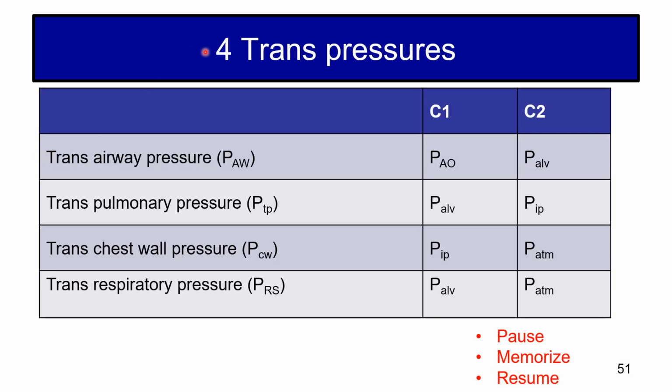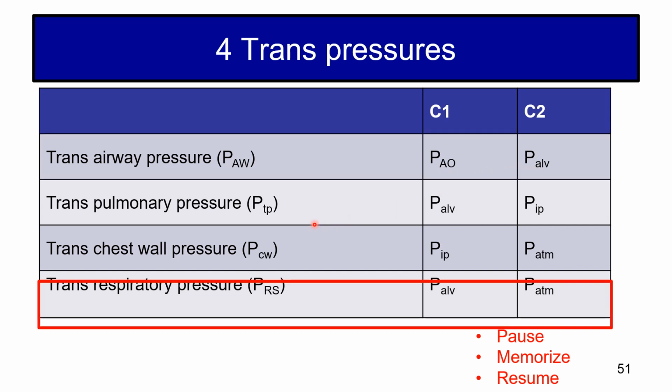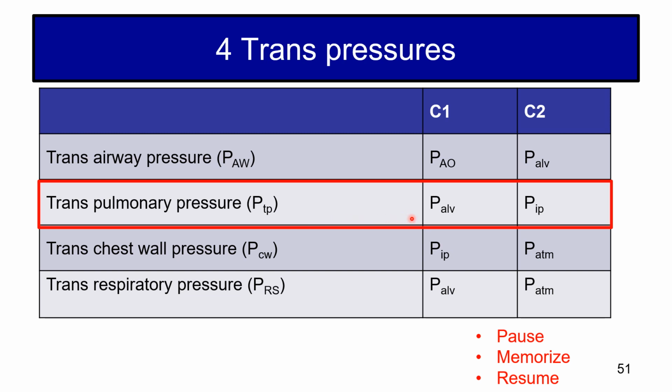The trans pressure is the pressure difference between two compartments. Therefore, the trans airway pressure represents the pressure difference between the airway opening and the alveolar pressure. The transpulmonary pressure represents the difference between the alveolar pressure and the intrapleural pressure.